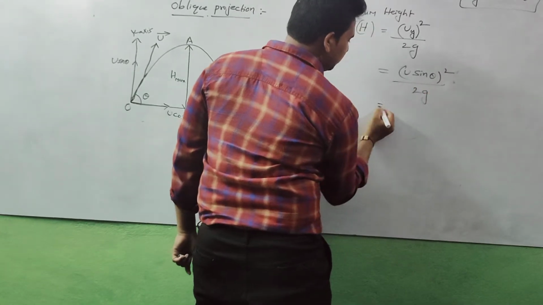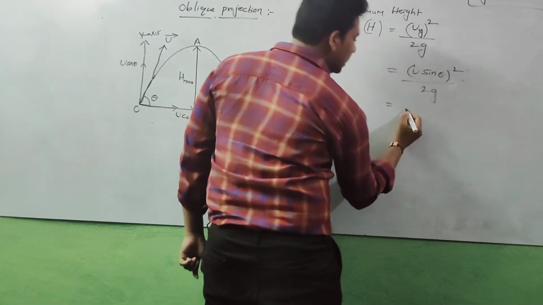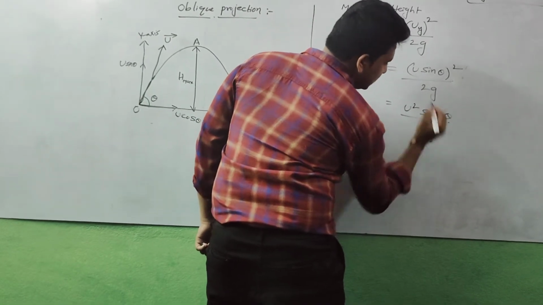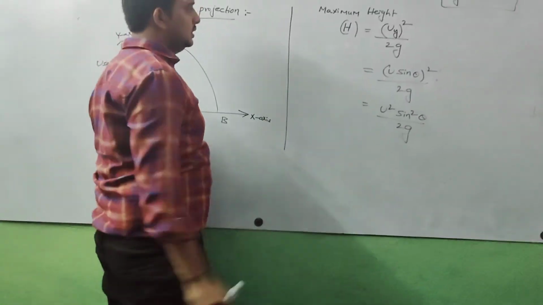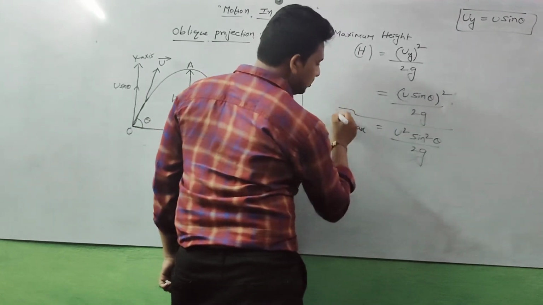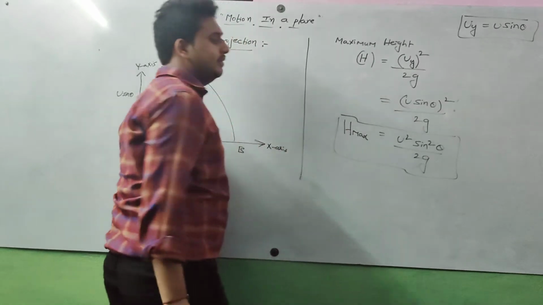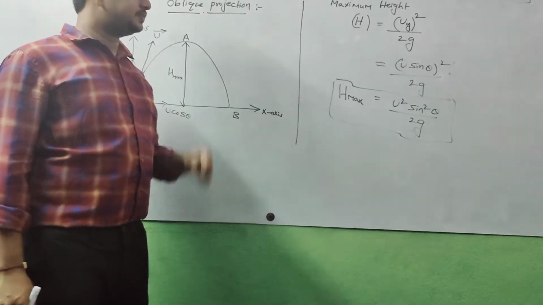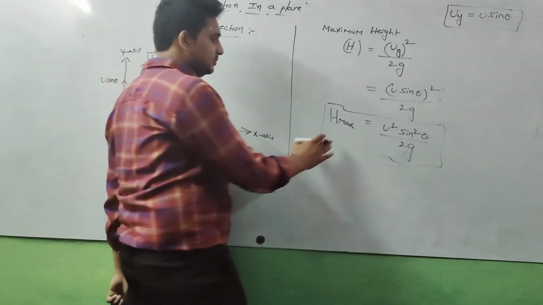So what do we get now? U sin theta whole square means u square sin square theta by 2g. So the maximum height h max is equal to u square sin square theta by 2g. Okay, so this is maximum height.